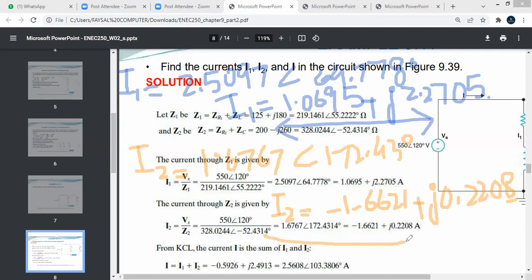These are my two values of I, that is my I1 and I2.